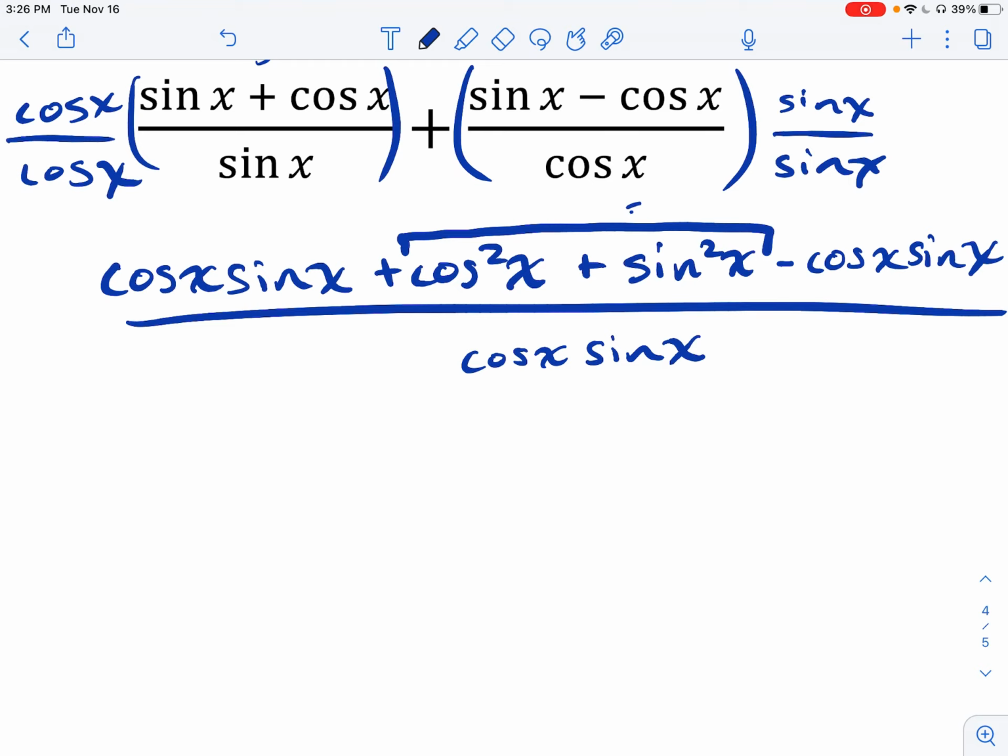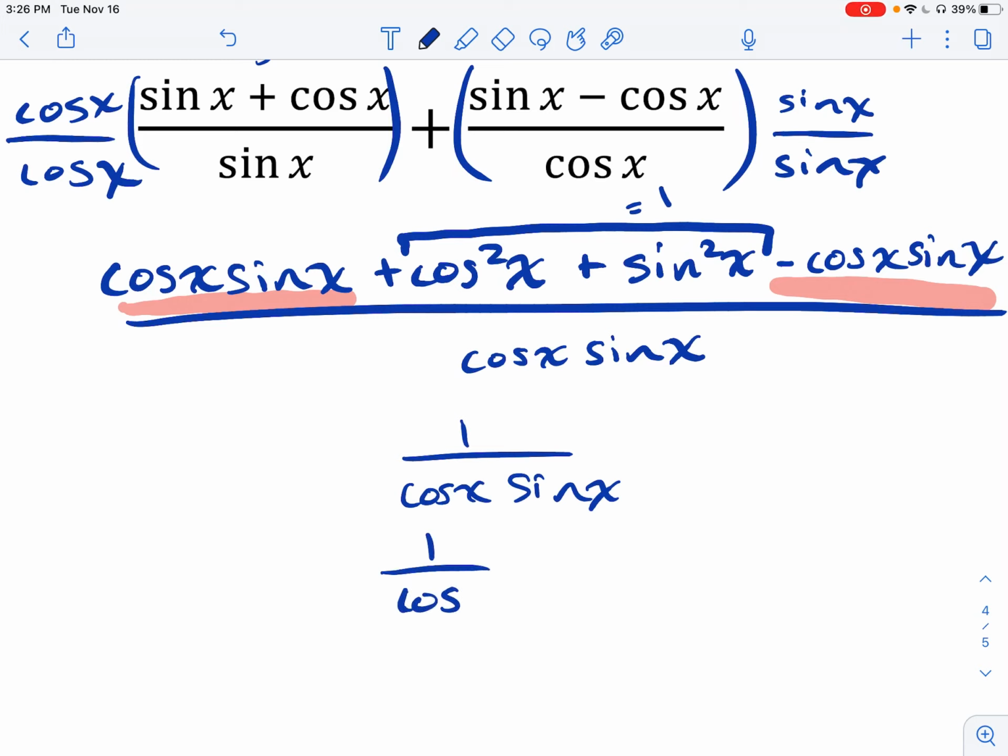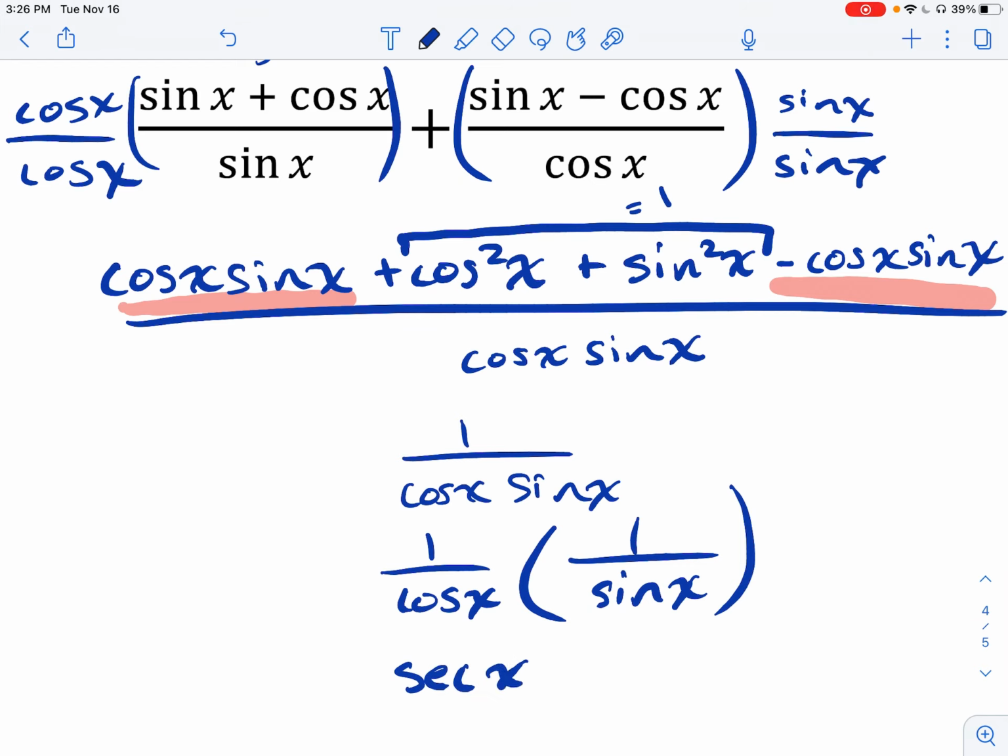We know that this is equal to 1. And we also know that we've got a cosine x sine x and its conjugate right there. So this simplifies really nicely to just 1 over cosine x sine x, which then I can rewrite as 1 over cosine x times 1 over sine x. And there's secant x and cosecant x.